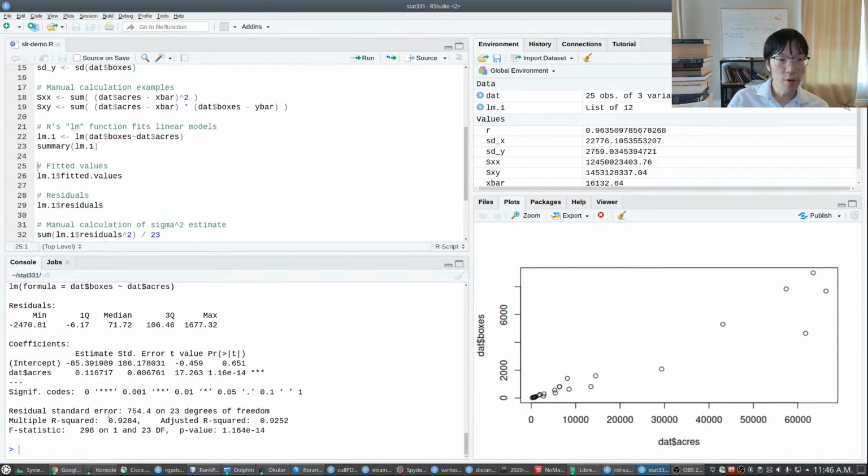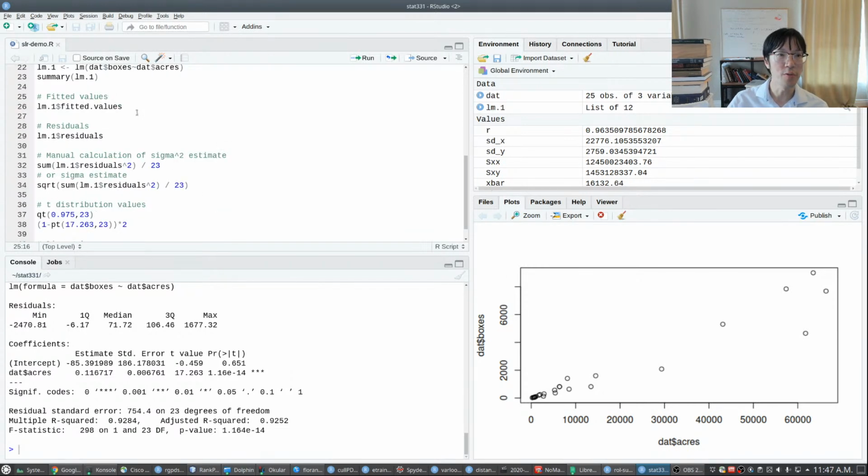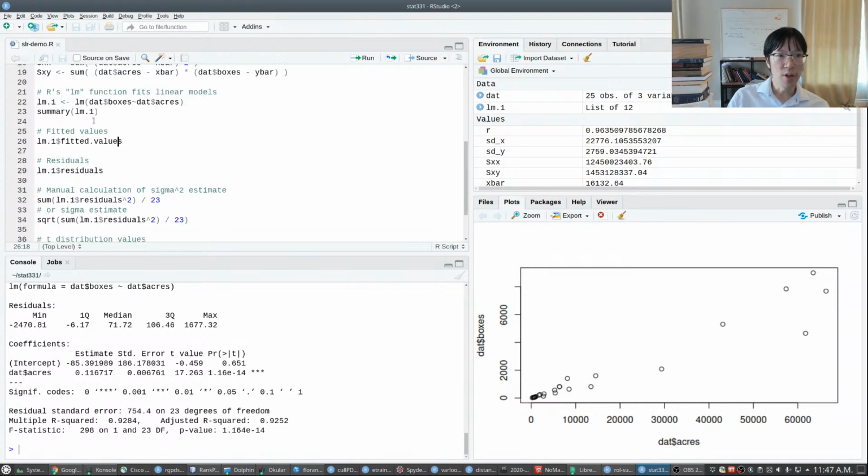Down here we should also pay attention to the residual standard error. R calls it the residual standard error. So this 754.4 is the estimate sigma hat. To convince ourselves, we can also compute these ourselves. I have a few other commands here. The fitted model object contains a number of other things. By default it includes a vector of fitted values.